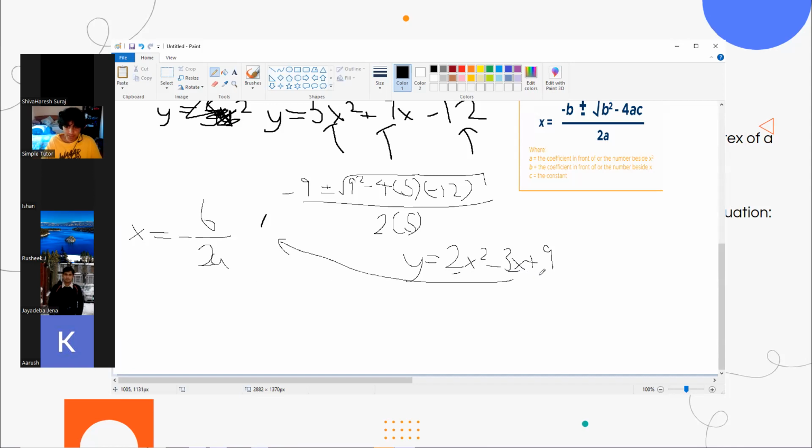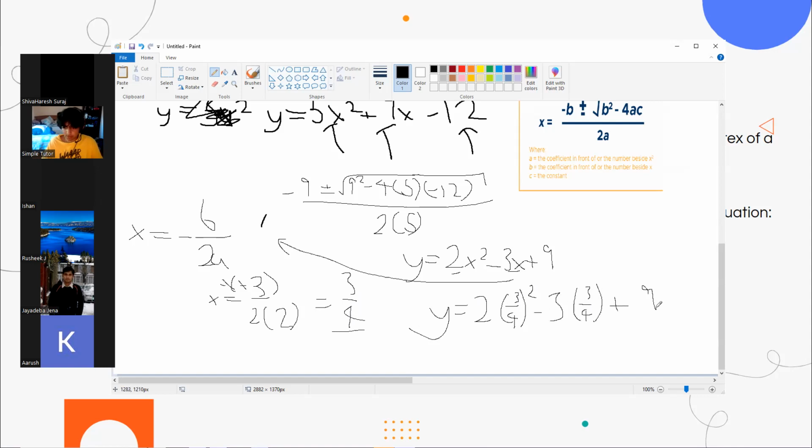So 2x squared minus 3x plus 9. Our b is negative 3 and our a is 2. So our x is negative negative 3, which cancels out, over 2 times 2, which is 4, which is 3/4. That is going to be our x value. And simply to find our y, we have to go 2 times 3/4 squared minus 3 times 3/4 plus 9.